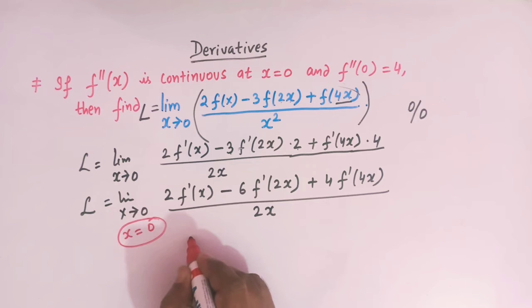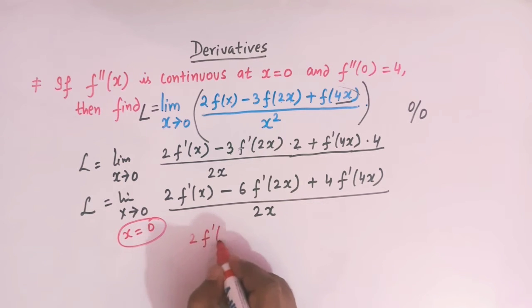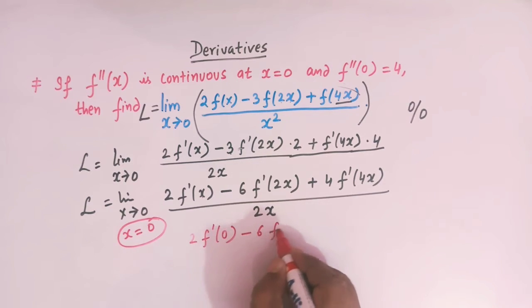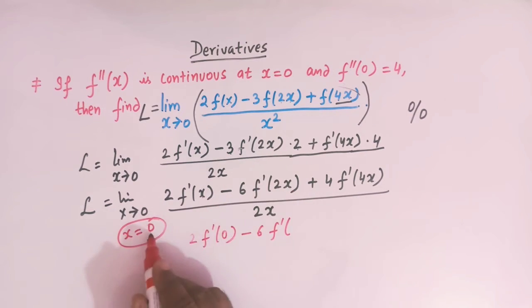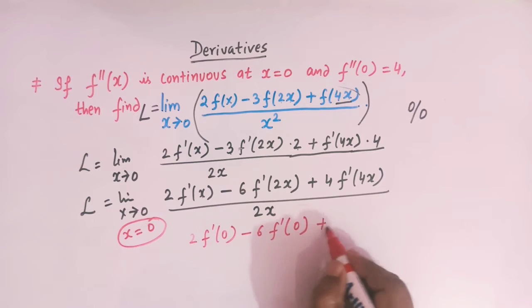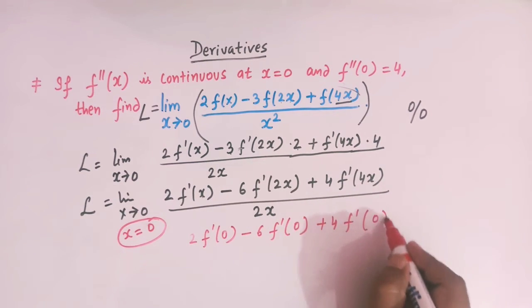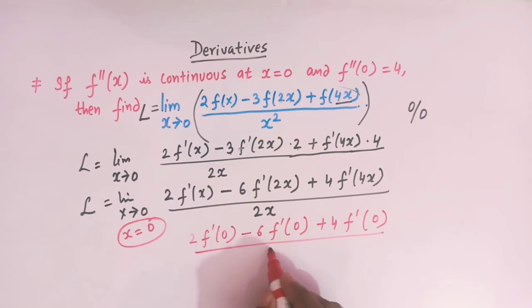So what we will get, see, 2 times f prime of 0 because x is 0, then we have minus 6 f prime of 2 times 0, which is again 0, then we have 4 times f prime of 4 times 0, which is 0, divided by 2 times 0, right?